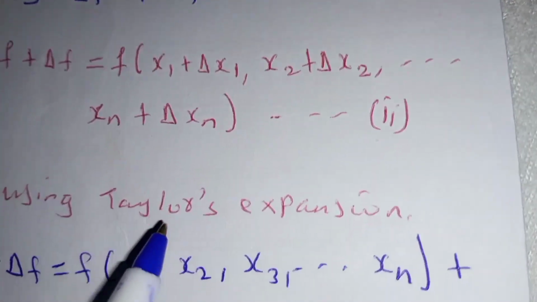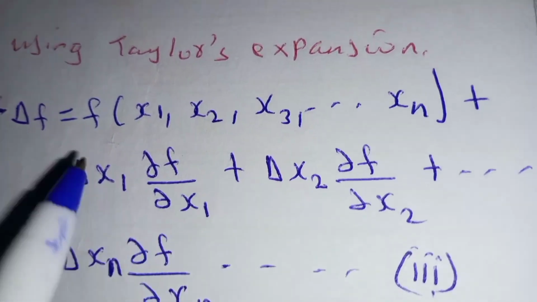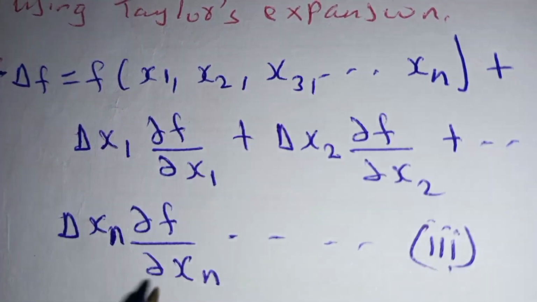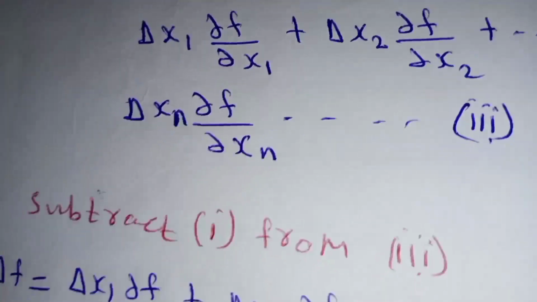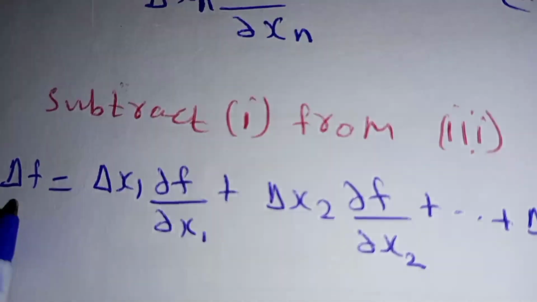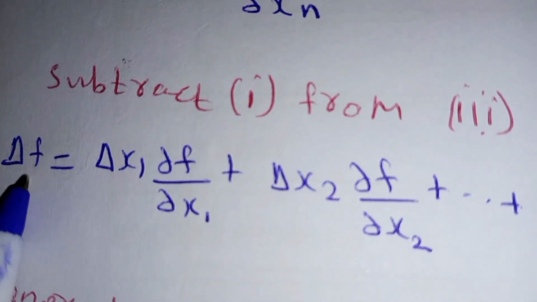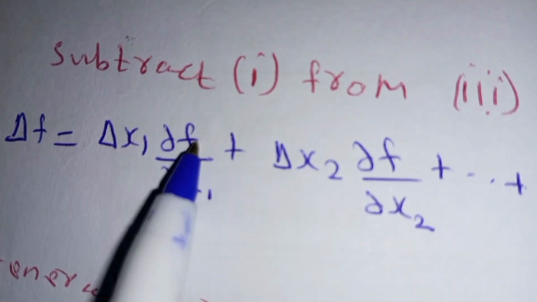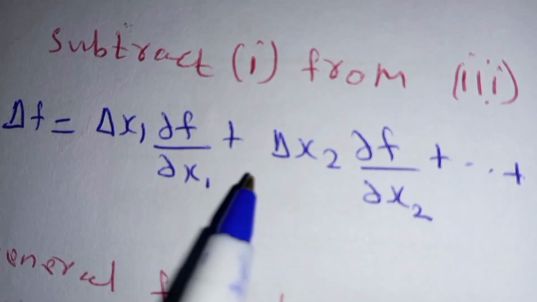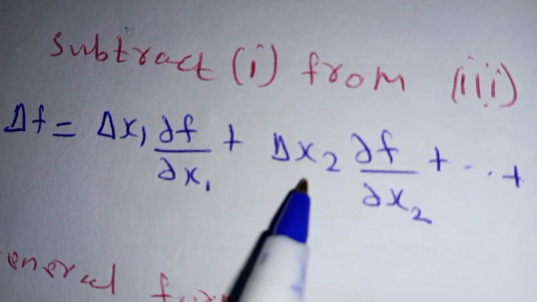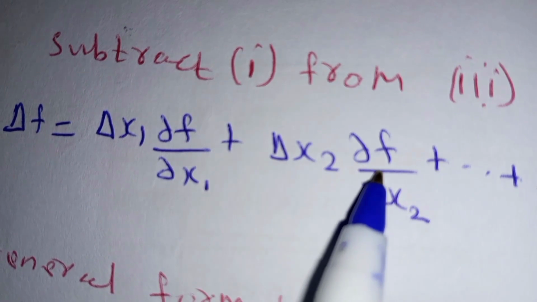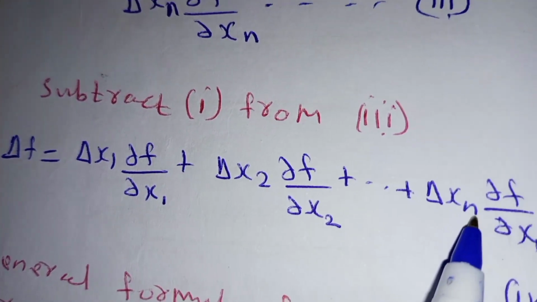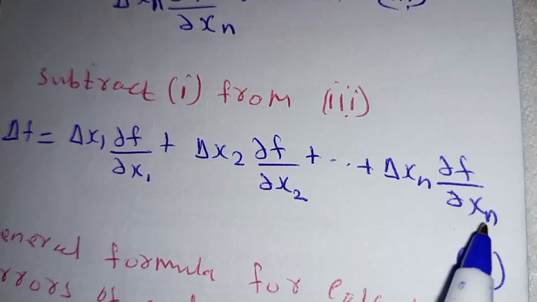So subtracting equation 1 here, this part is going to cancel out, and we shall be left with the change in f, that is the error in f, equal to change in x1 times partial derivative of f with respect to x1, plus change in x2 times partial derivative of f with respect to x2, all the way to small change in xn times partial derivative of f with respect to xn.